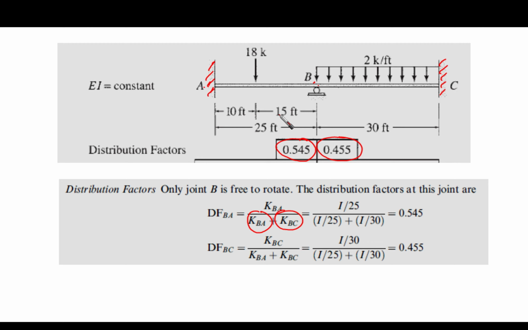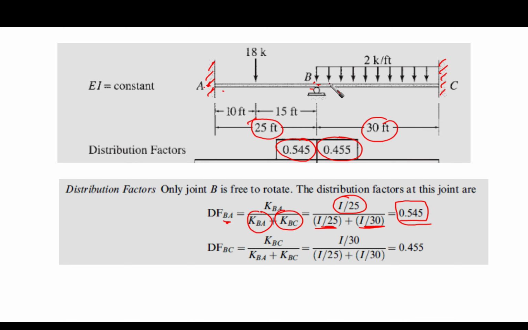So we are talking about I over 25 here and I over 30 here. The numerator is BA, far end fixed, as we have said, which is I over 25. The distribution factor is going to be 0.545.